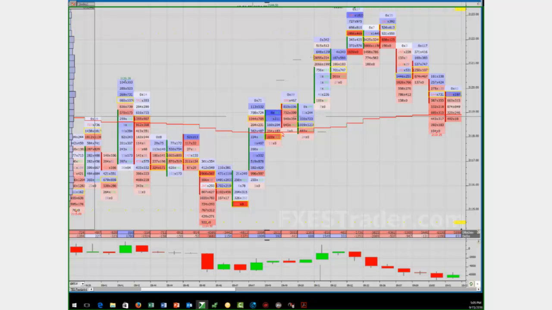And then we had another, what I like to call skip prints, even though there was stuff executed there. Notice there's just a whole bunch of rips. These are small buy programs that are taking place in the market. Now, the determinant of size and the magnitude of the program, I don't know the answer to that. All I know is that I'm on alert once I start to see something like this take place.